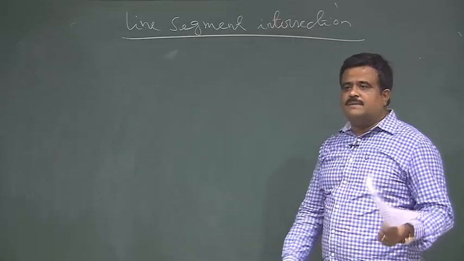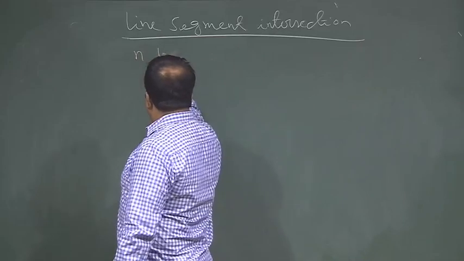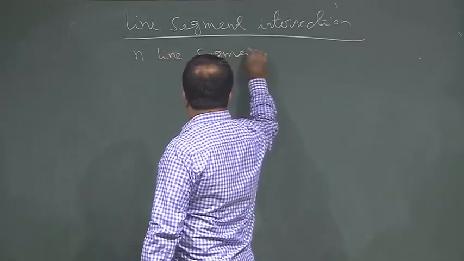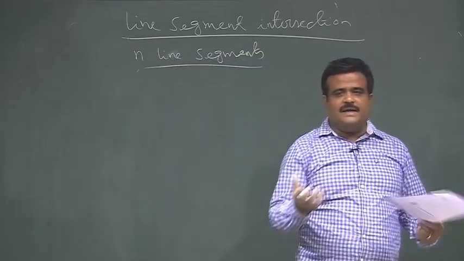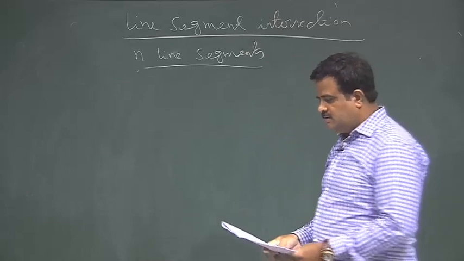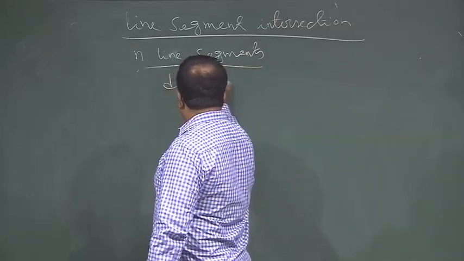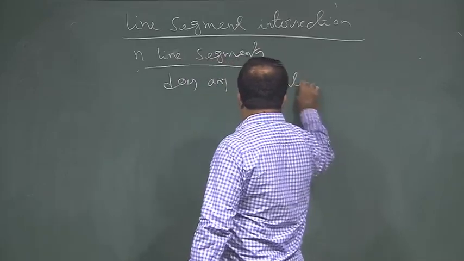So we have a few line segments, say we have n line segments, and we need to find out whether any two segments intersect or not. Does any pair intersect?